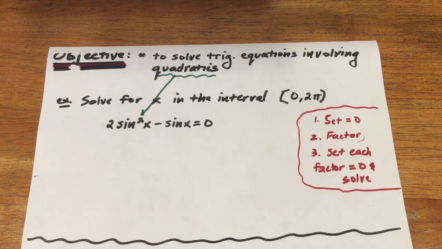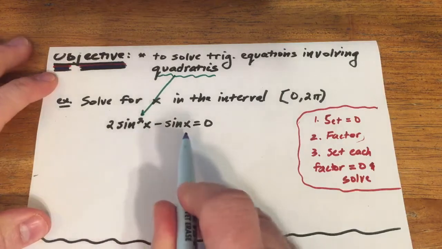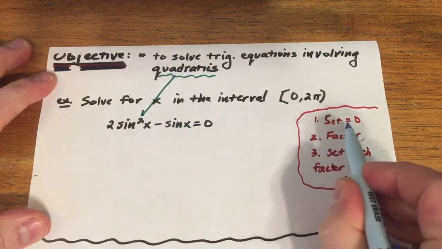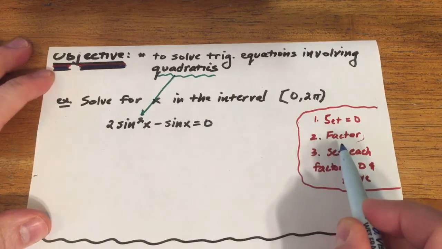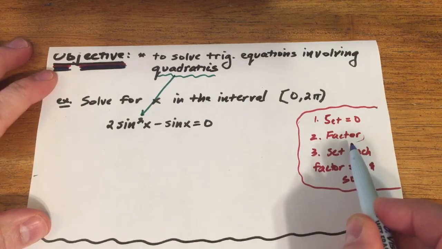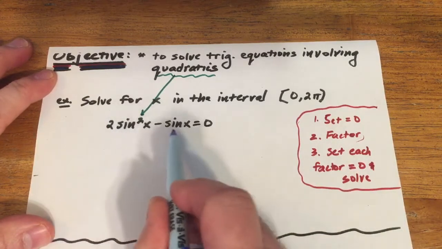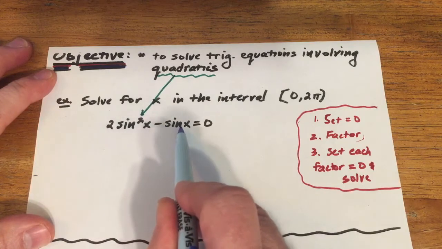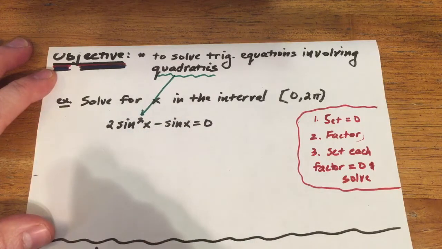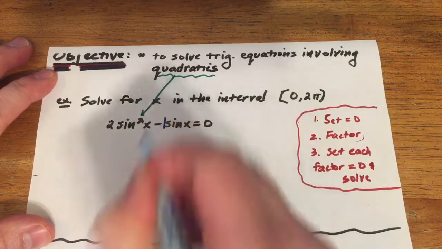As we take a look right here, we've got 2 sine squared x minus sine x equals 0. It is set equal to 0 already because we have equals 0. Let's go ahead and factor this. How do we factor this? Well, we take out our GCF first. When you look at these two terms right here, there's obviously a sine as a factor in each one of these terms. In fact, I'm going to insert a 1 right here because I can do that.